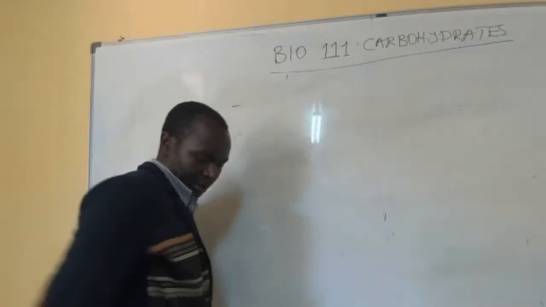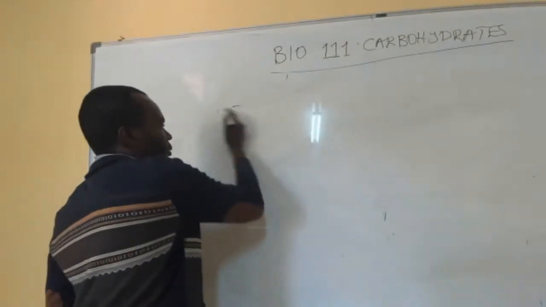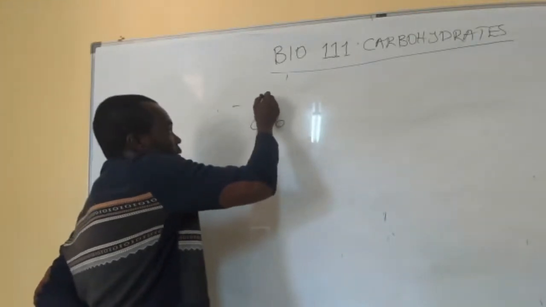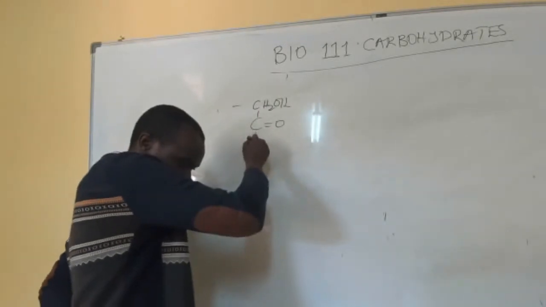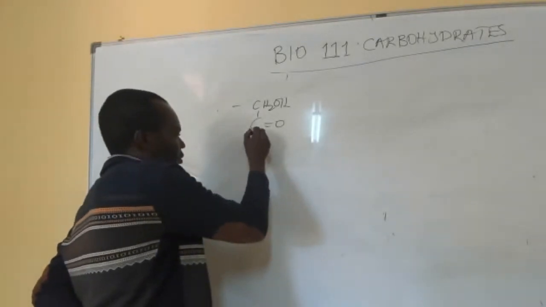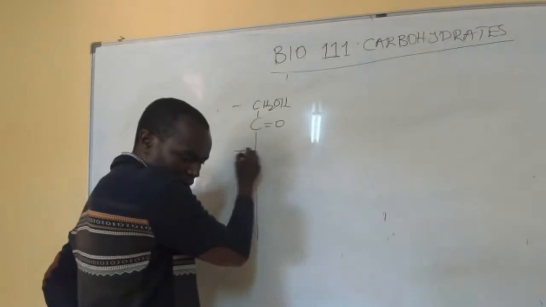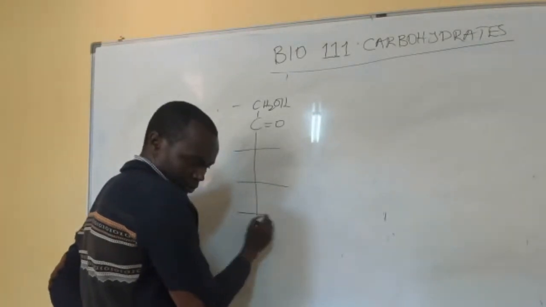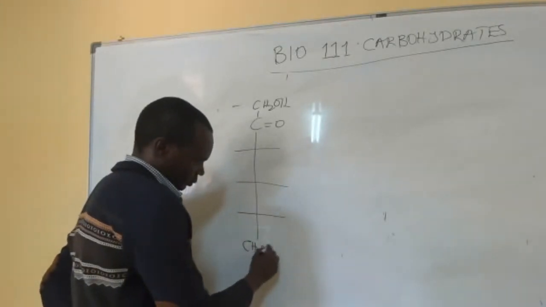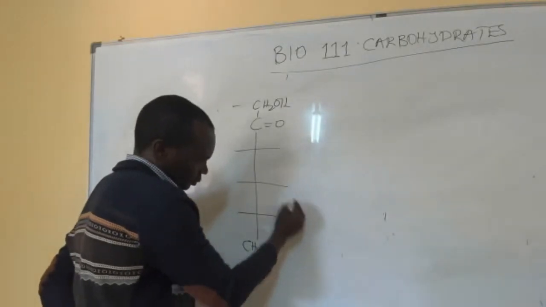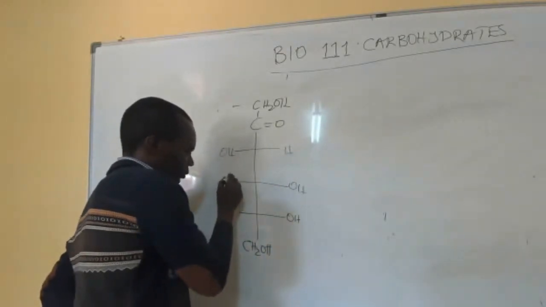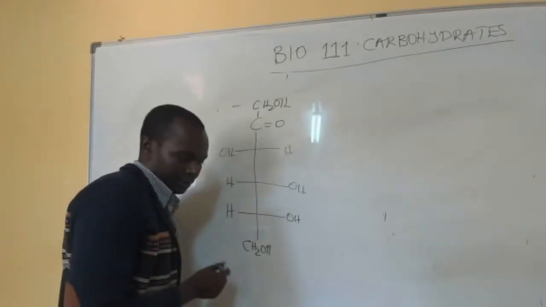In a case where we have a particular sugar, CH2OH, I'm going to use the Fischer projections. This is an example of a carbohydrate.